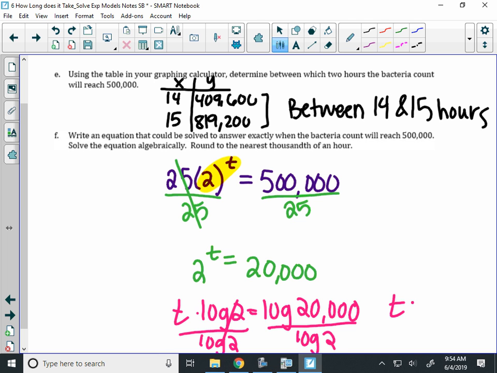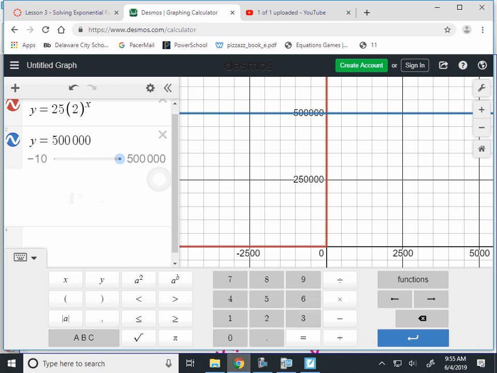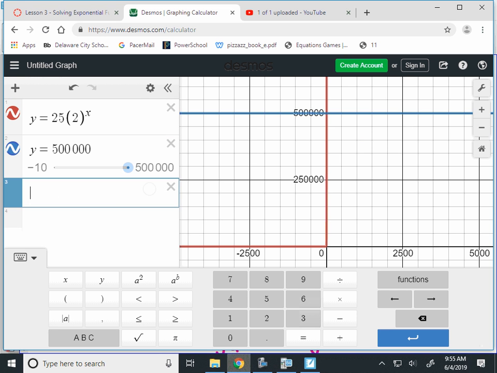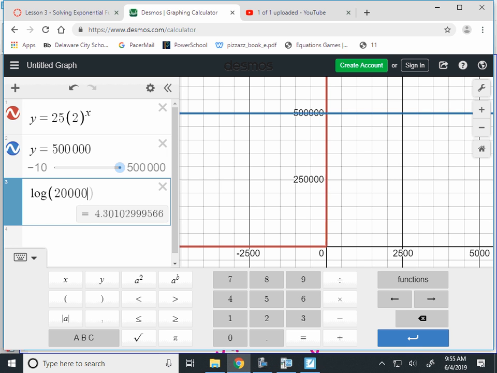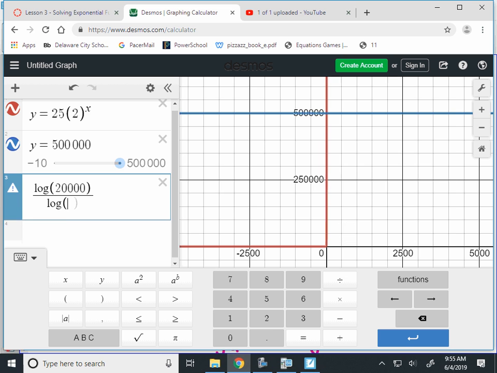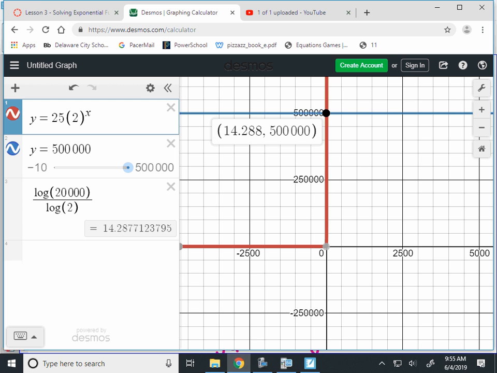So when I divide log of 20,000 by log of 2, I got 14.288, which is the same thing I found for my intersection.